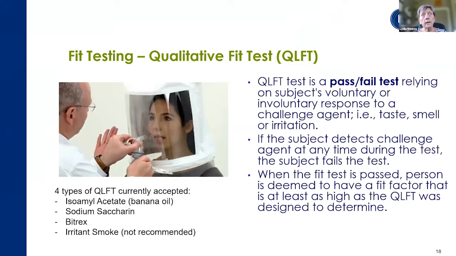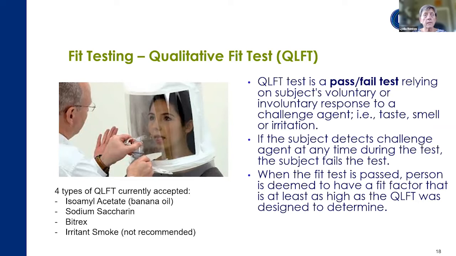Specifically around qualitative fit testing, there are 4 kinds of challenge agents: banana oil or isoamyl acetate, sodium saccharin, Bitrex, or irritant smoke. Now, irritant smoke is usually not recommended for a number of reasons, because it's stannous chloride, and it really can be highly irritating to individuals.